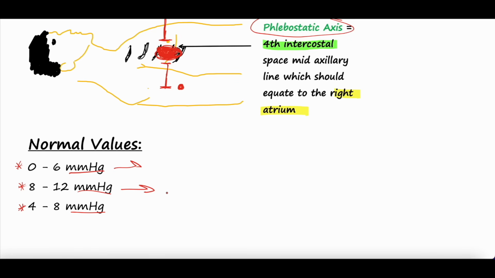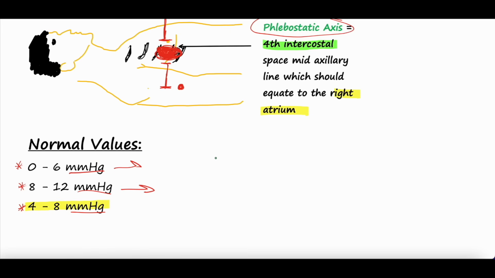I know that sounds a little counterintuitive, because a normal should just be a normal, but everyone's different, right? Young, old, obese, normal size, normal heart, abnormal heart. So in our opinion, normal CVP is anywhere between 4 to 8 millimeters of mercury. That tends to be about what we go with.